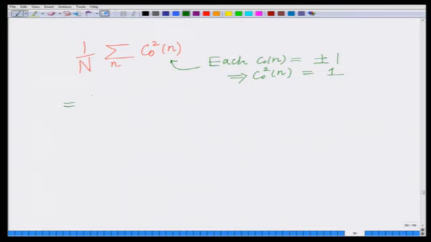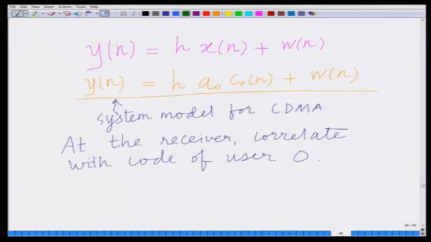Therefore, this is equal to 1 over N summation over n of 1, which is 1 over N times N, which is equal to 1.